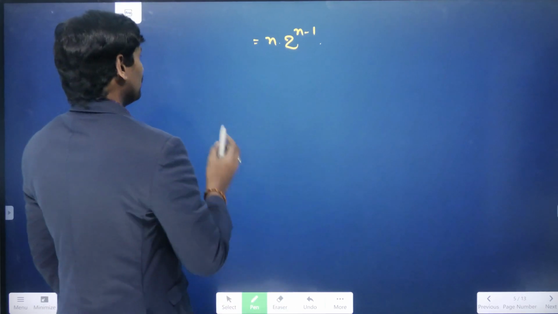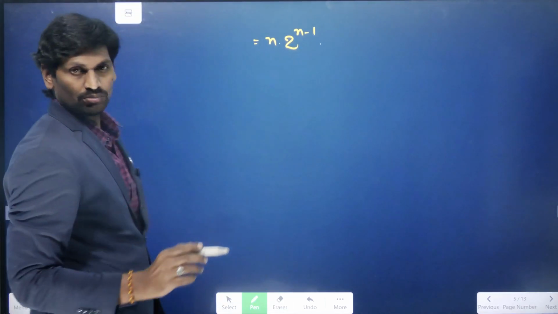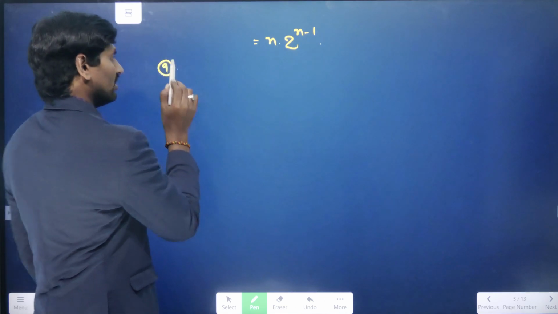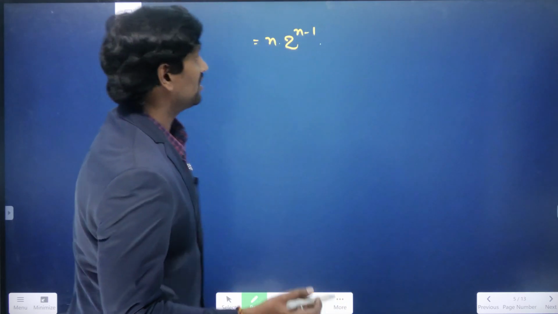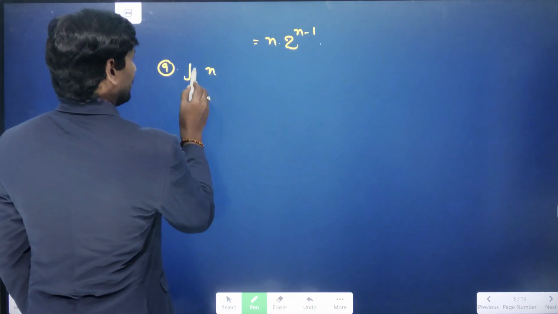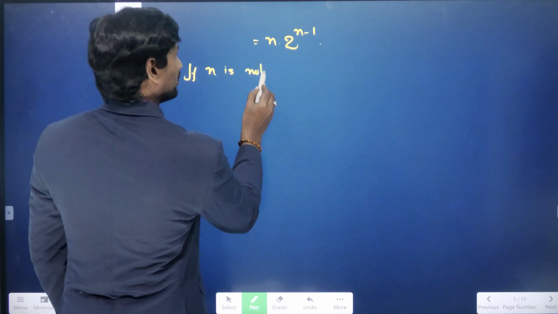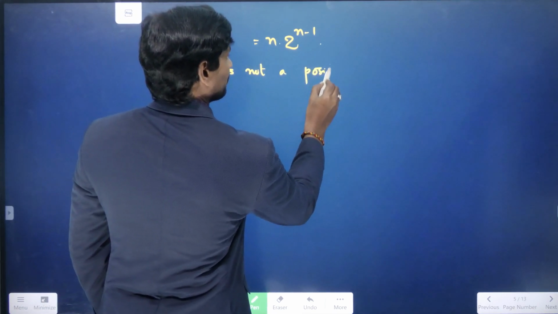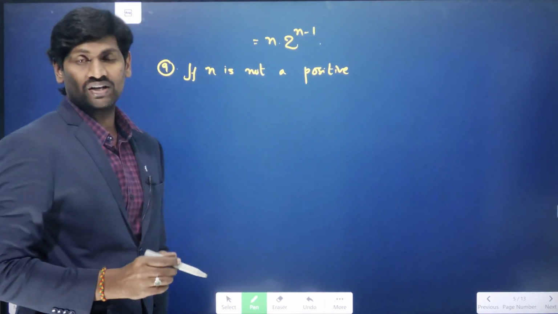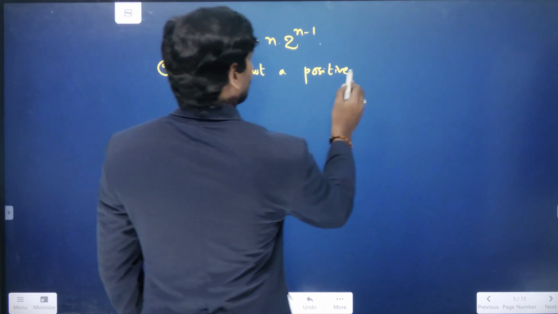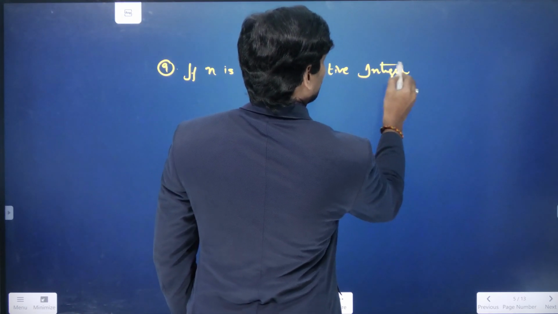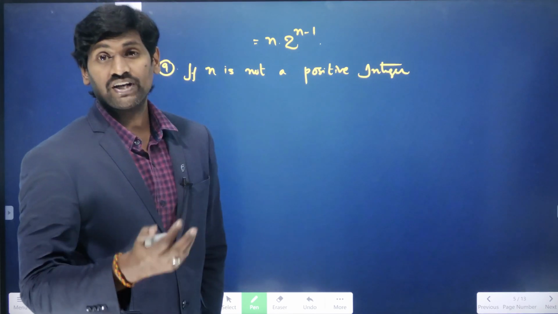Okay? Great. So next one, I think problem number 9. While you are observing problem number 9, it is given the number of terms in the expansion of (1 plus x) whole to the power n, where n is not a positive integer. We have already discussed that if n is not a positive integer, it means it can be a negative integer or in fractional form, then it has an infinite number of terms.